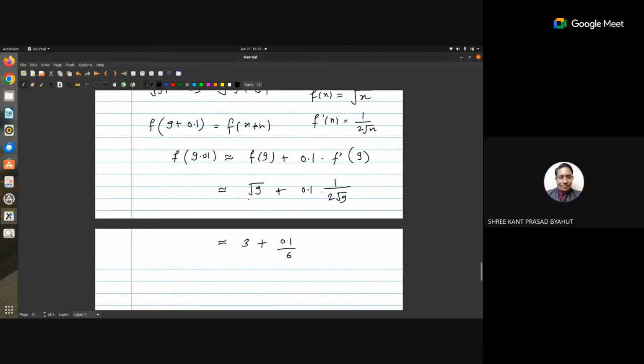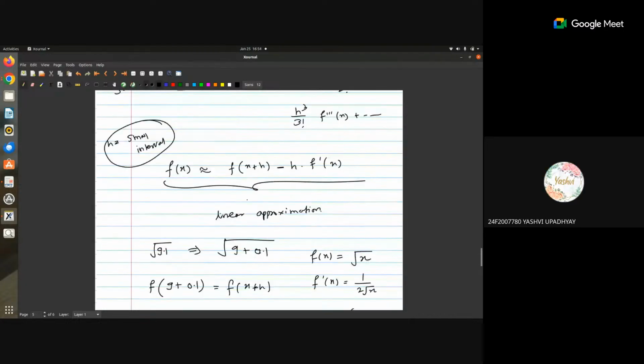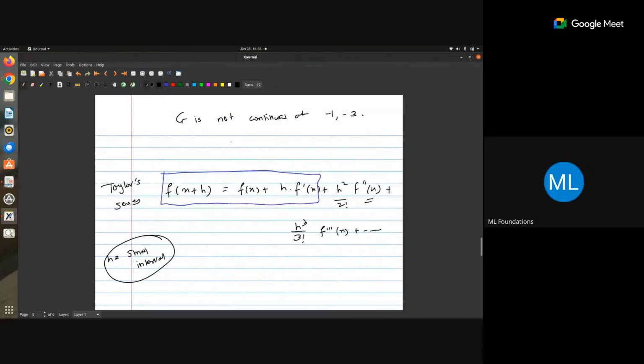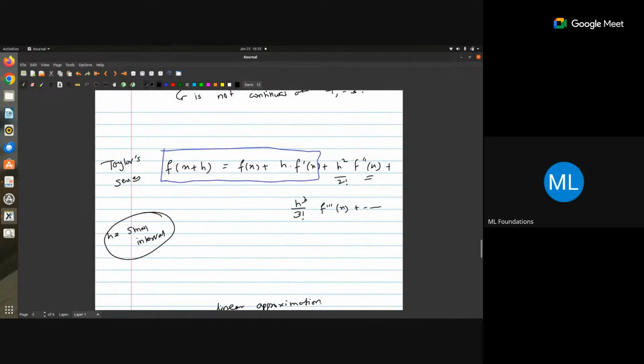Let me reconstruct this part for your understanding. f of x is actually the known value. The formula is the Taylor series, and you can use only this part because it is a linear approximation.